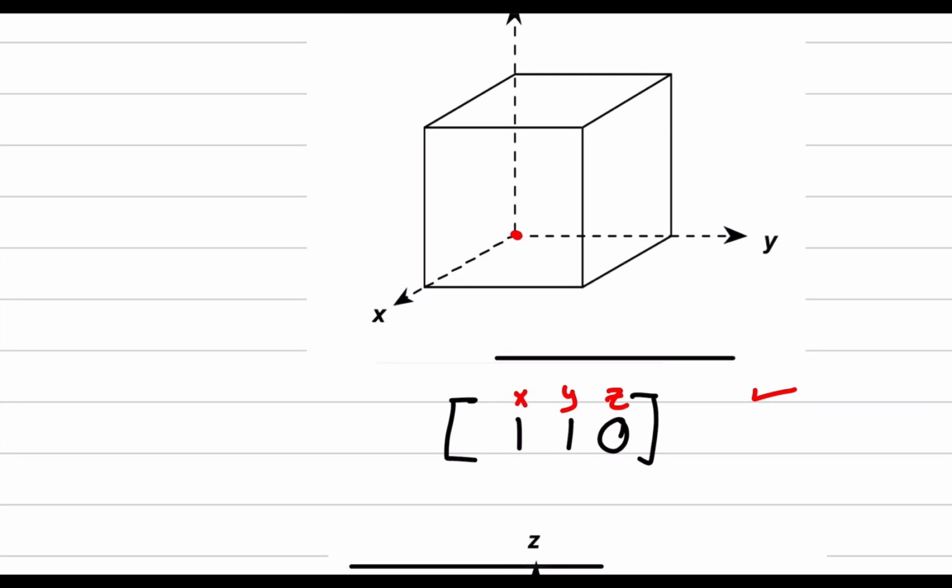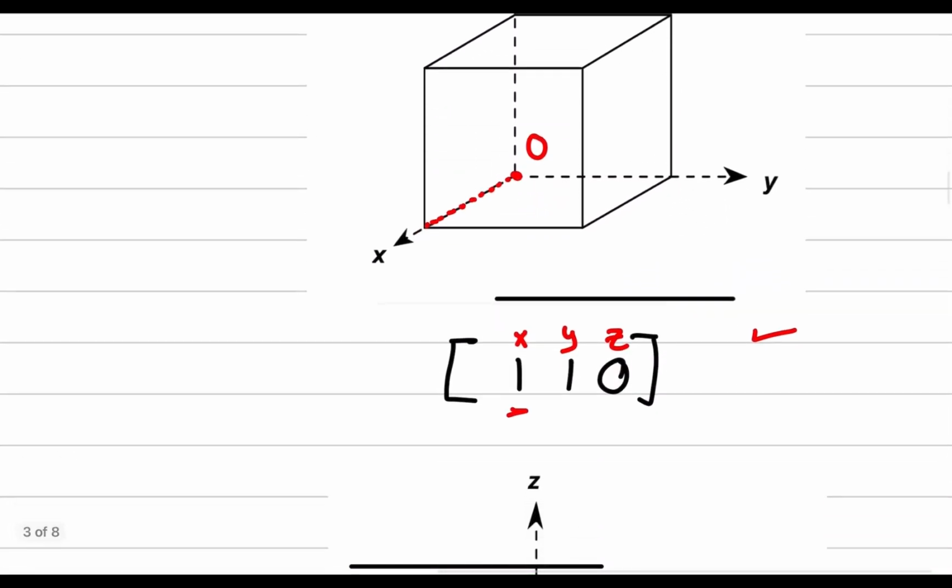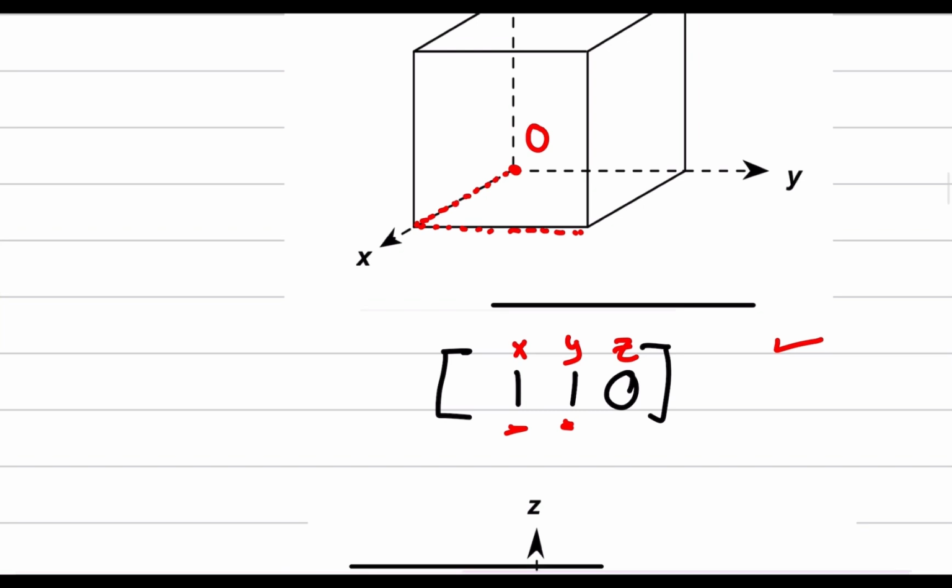So here is the original origin, and we write O. Then we will move along the x-axis by 1, then move to the y-axis by 1 to the right, and z is 0, so we don't need to move anymore.